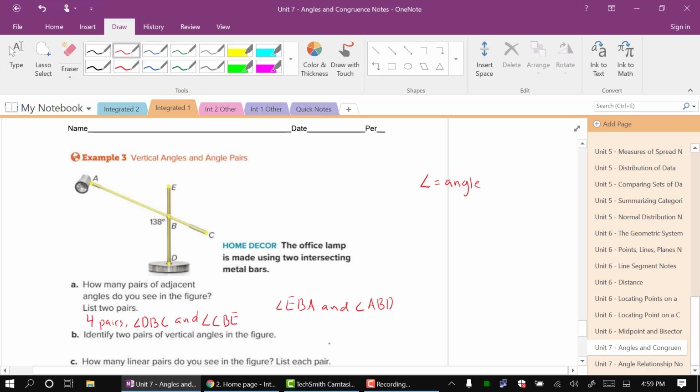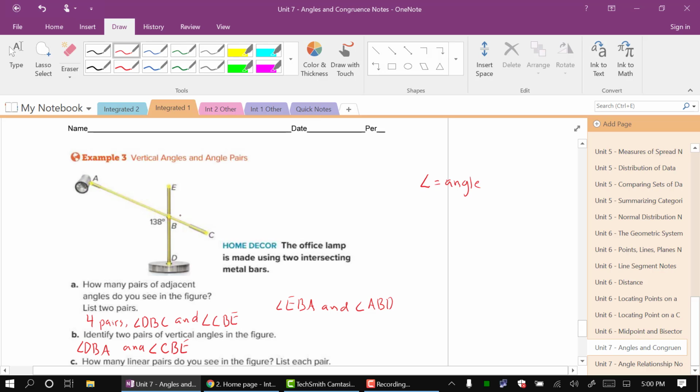Name 2 pairs of vertical angles in the figure. So our vertical angle would be this one and this one because they're opposite each other. This one and this one because those are opposite each other. So we would have angle DBA and angle CBE.